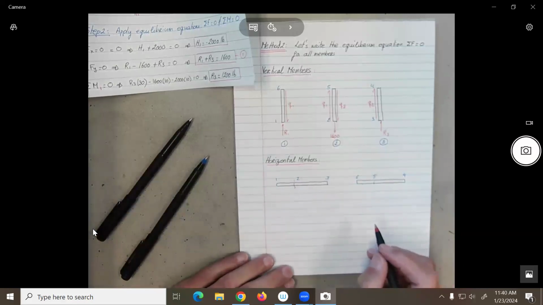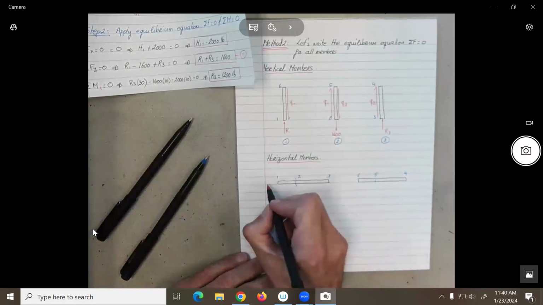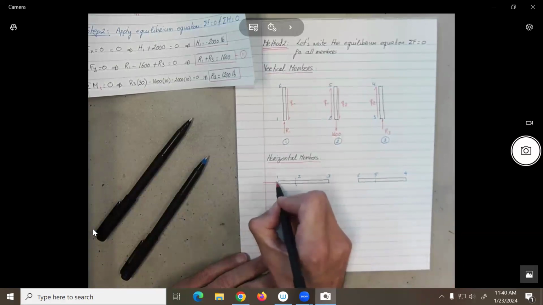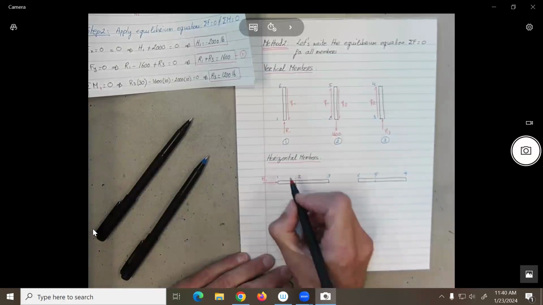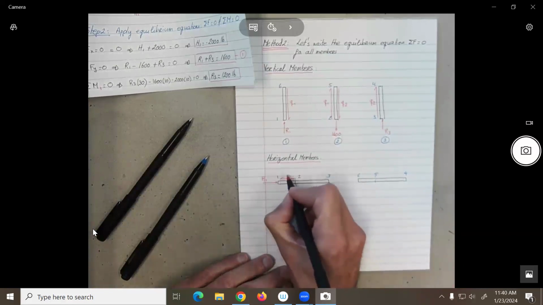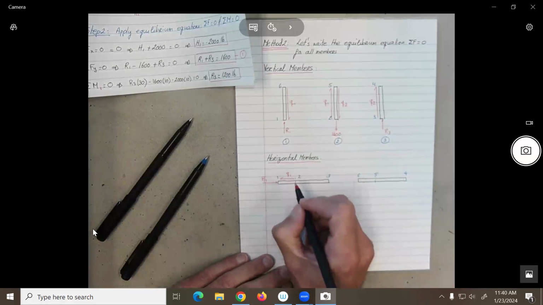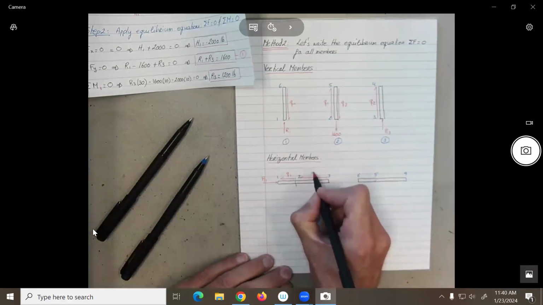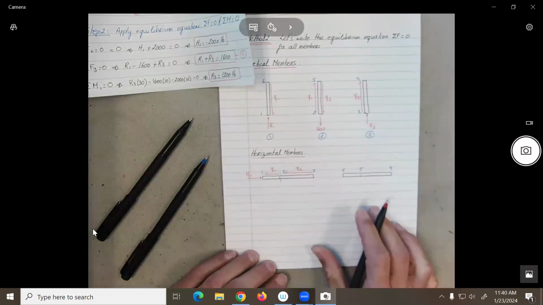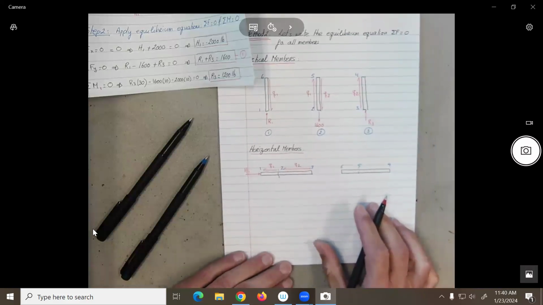For 1 2 3, the only force we're going to have on the member will be H1 over here. Then we have over here Q1, and we'll have over here Q2.